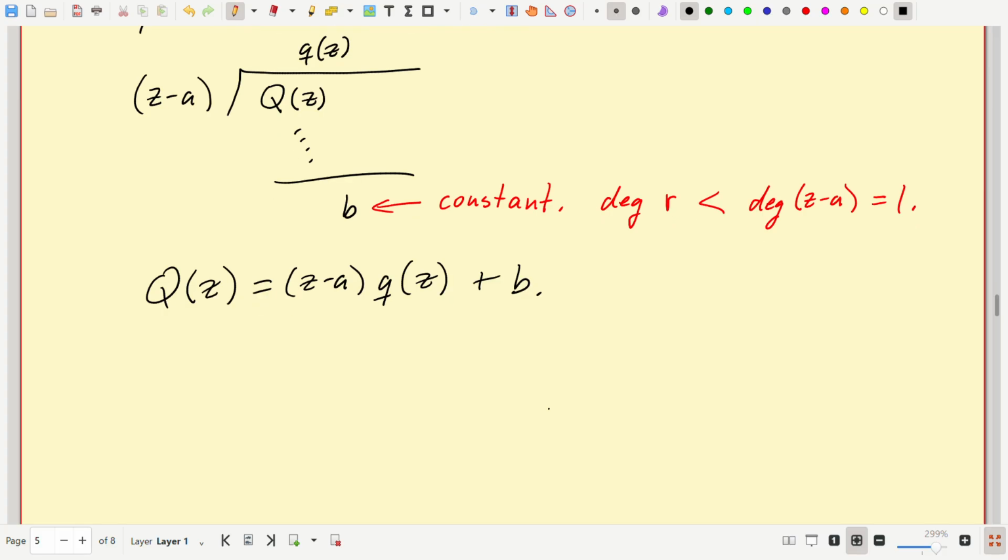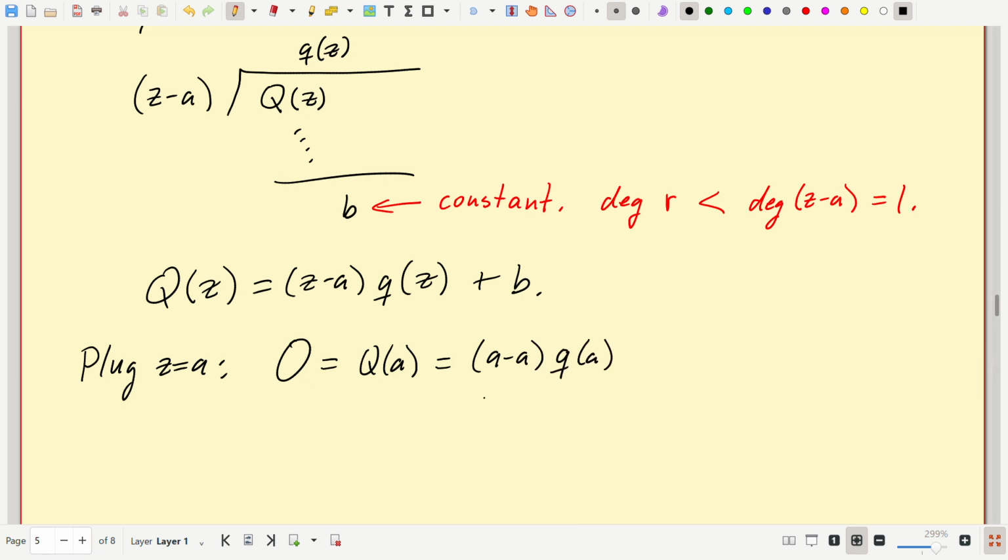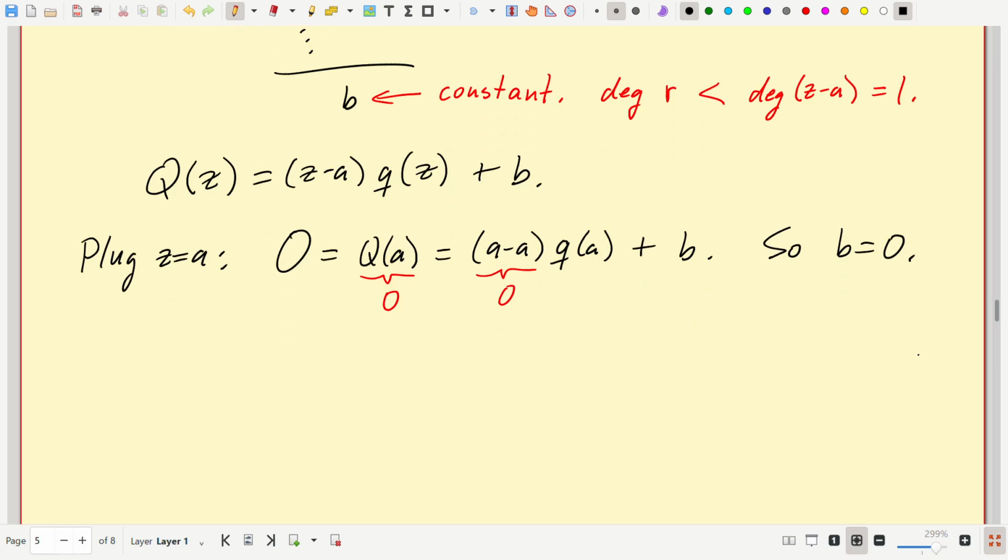And so when I plug in Z equal A, I get a big fat 0 is Q of A, and that's A minus A, which is also 0, times little q of A, plus my B, and we see that B is equal to 0. That means Z minus A divides capital Q.